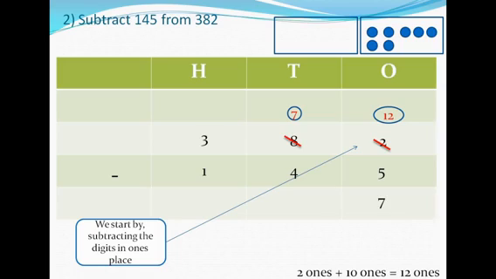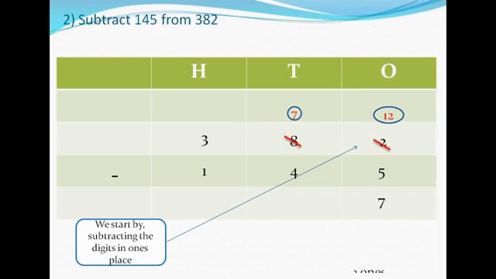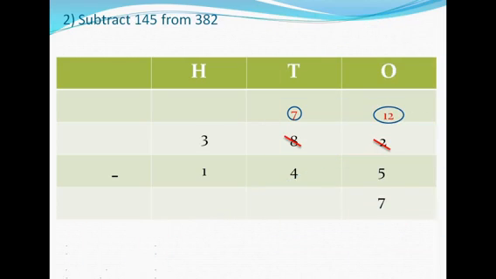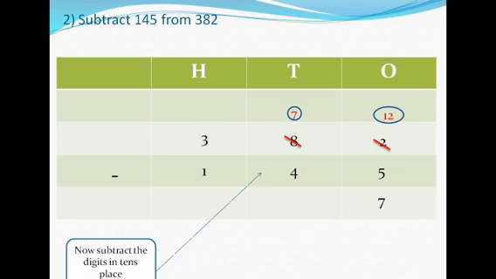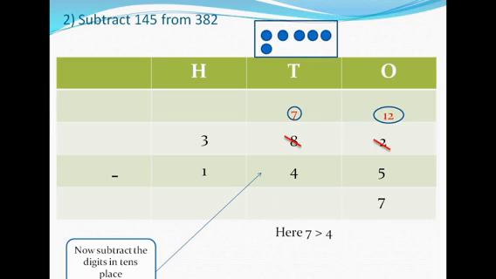Now let's subtract the digits in tens place. Since 10 was borrowed by the ones column, 7 tens is left. Here 7 is greater than 4. If you take away 4 tens from 7 tens, we get 3 tens. We can write 3 under the tens column.